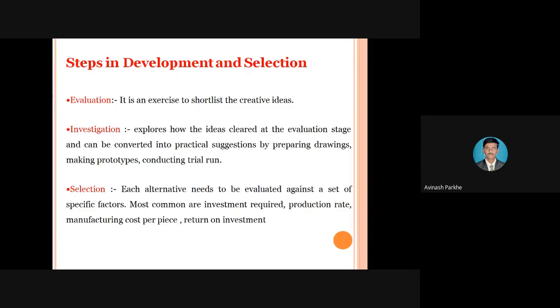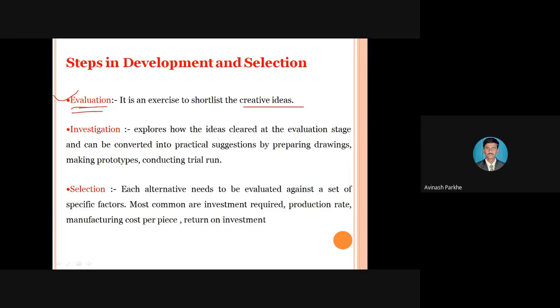So the first step is evaluation. What does evaluation indicate? It is an exercise to shortlist the ideas. For example, 10 ideas are given to you, and out of those 10 ideas, I have to select only 2. So I am going for the shortlisting of those ideas, and by shortlisting we are implementing the first step, which is called evaluation.